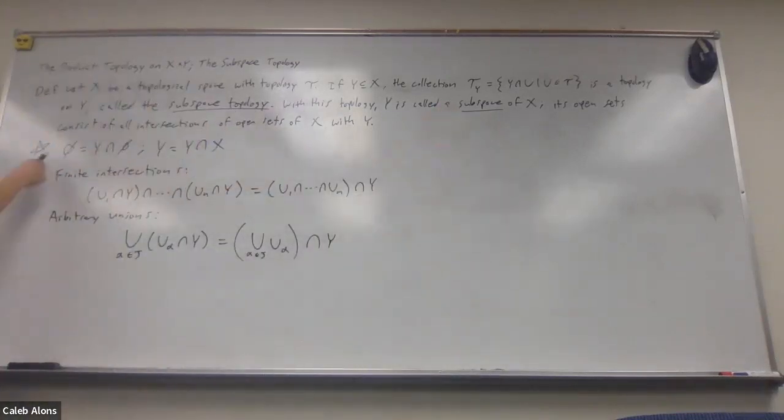So we have empty, we have the set itself, finite intersections, arbitrary unions, so it's a topology.